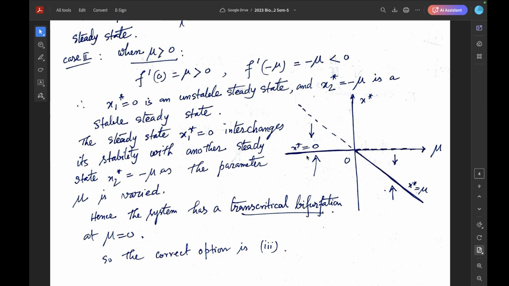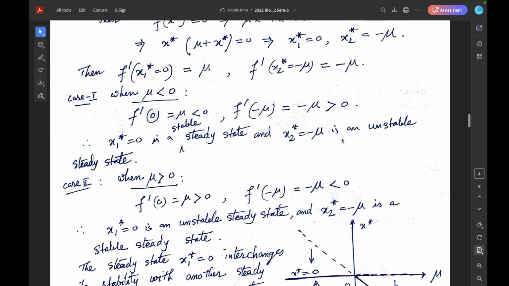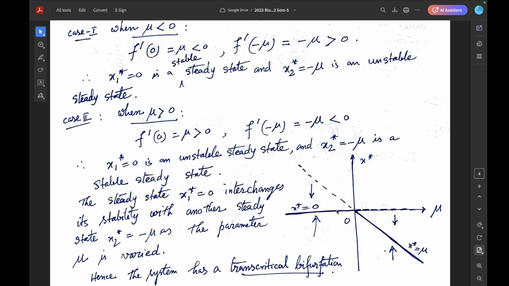So when mu is negative, the trivial steady state is stable and the non-trivial steady state is unstable. For x star equals minus mu, we draw a dotted line, and at the origin they interchange their stability. When mu is positive, x star equals 0 is unstable, so a dotted line, and x star equals minus mu is stable.